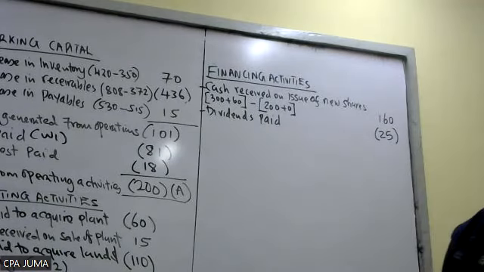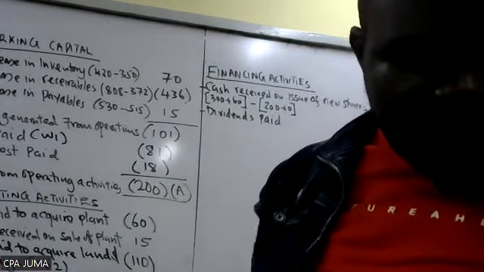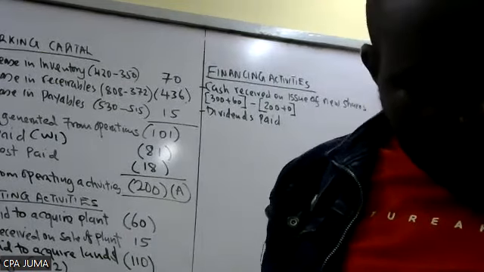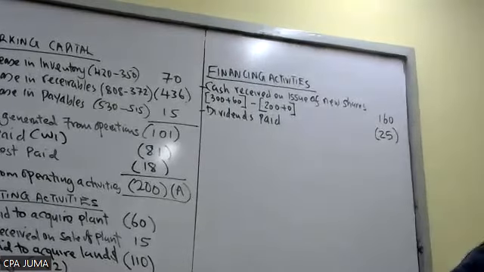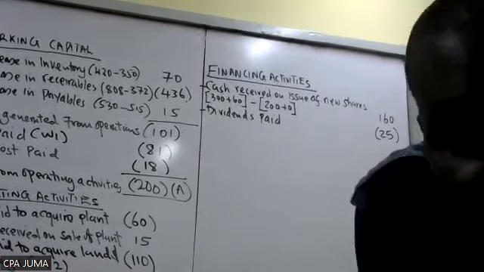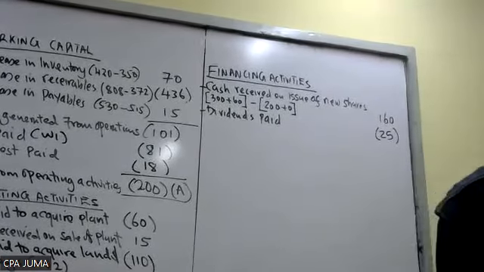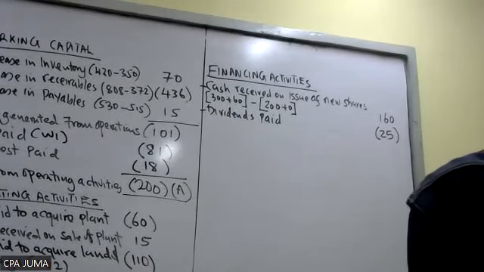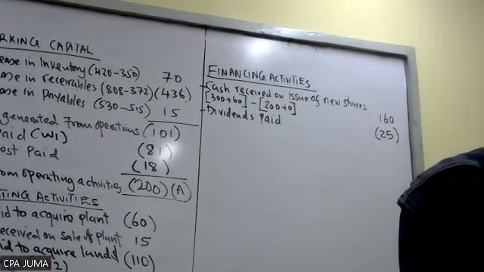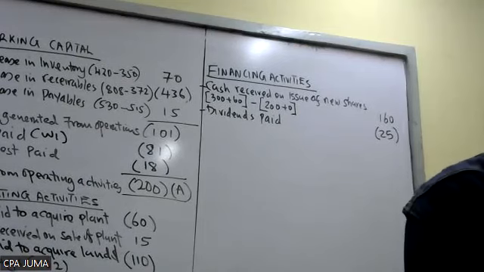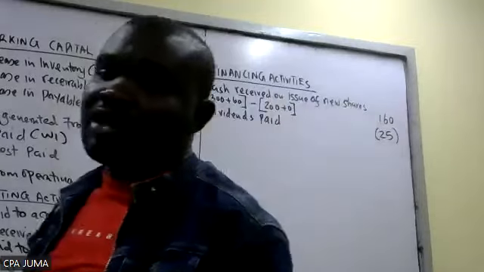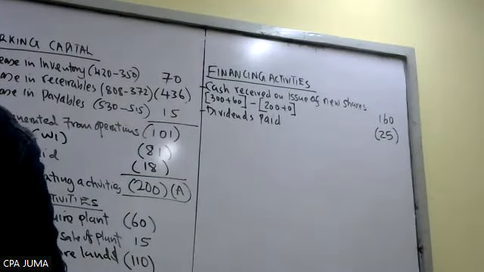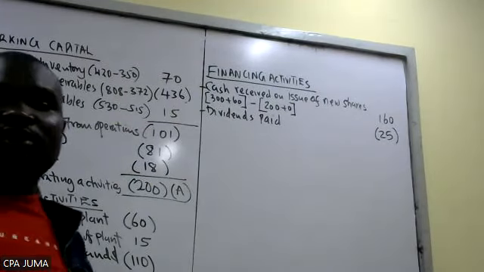Then we go to the next. Equity is over. So go to non-current liabilities. The first one is 12% loan notes. The loan notes at the beginning were 150. At the end, it is 0. What happened to that loan note? What narration can we give there?